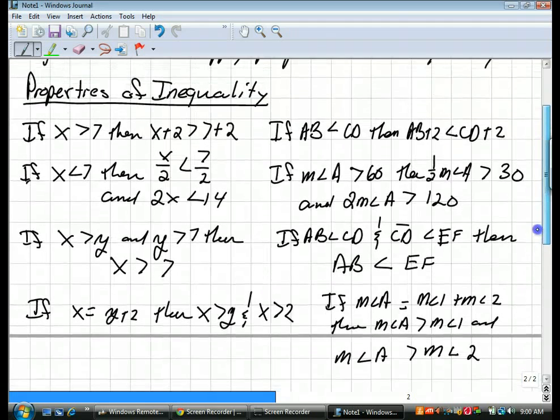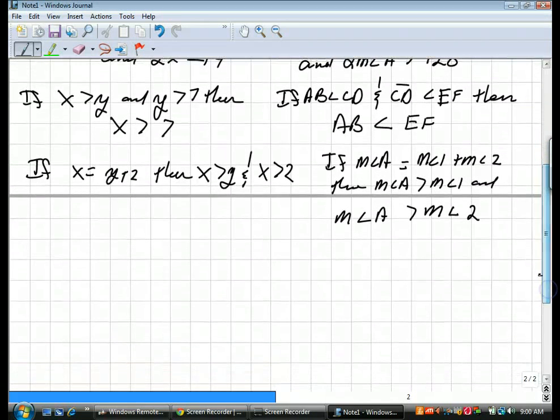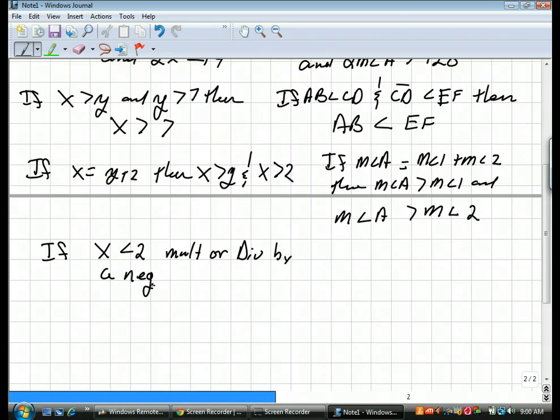So these are the main properties that we'll use, but remember also from algebra that if x is less than 2 and you multiply or divide by a negative, in other words, let's say that c is less than 0, then x times c is greater than c times 2.